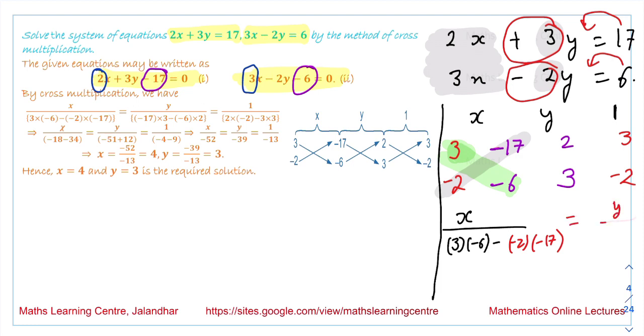That is equal to y over the product of these terms, minus 17 into 3 minus 2 into minus 6, and the last term, 1 over, is 2 into minus 2 minus 3 into 3.